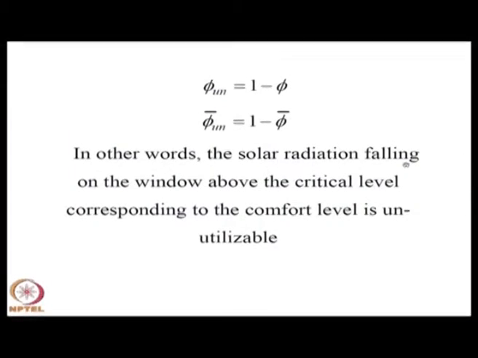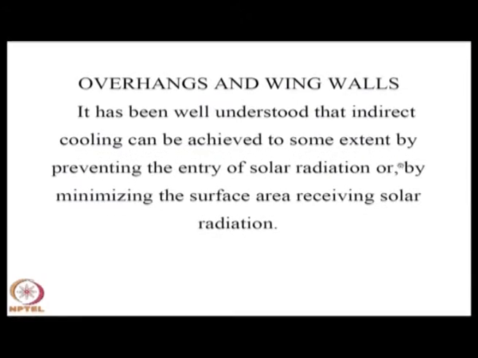And we know the methods to calculate phi or phi bar, monthly average or daily or hourly average. So, the solar radiation available to you above a particular critical level shall not be utilizable to heat the room, because it overheats beyond the comfort condition. The concept is the same, the methodology of calculating phi bar remains the same. However, that energy is not useful for contributing to heating the room, because it overheats.